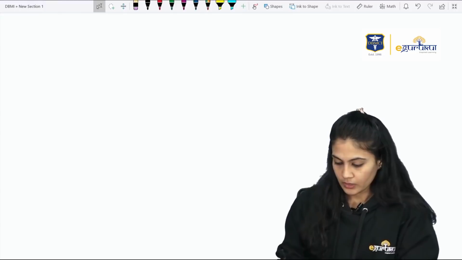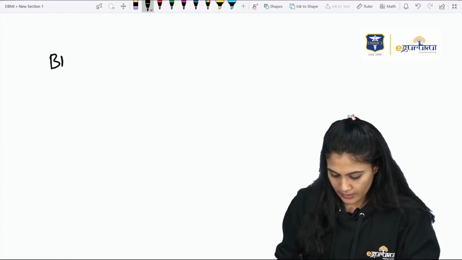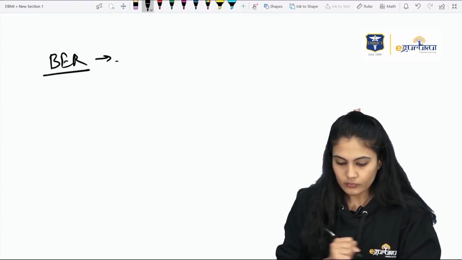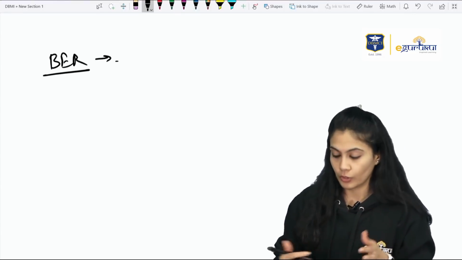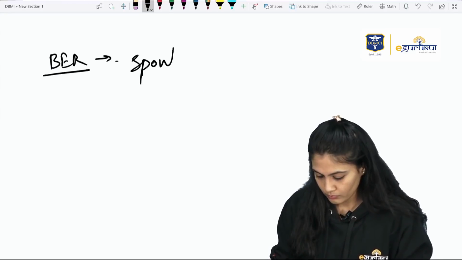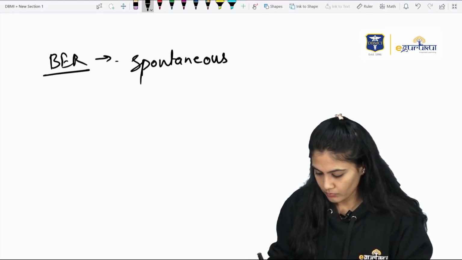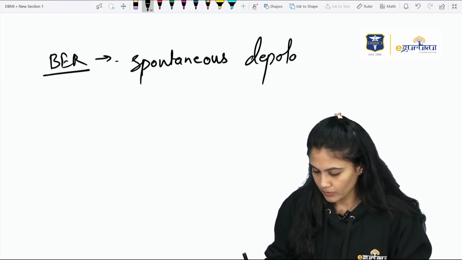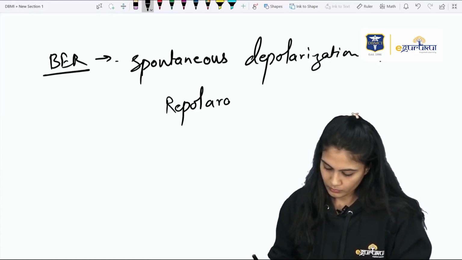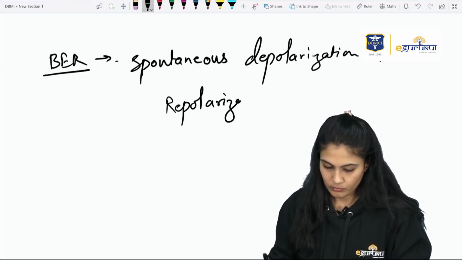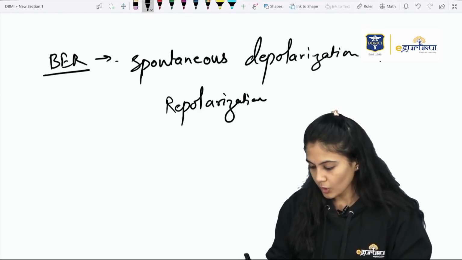First thing first, the BER is nothing but spontaneous depolarization and repolarization, right, of what cells?